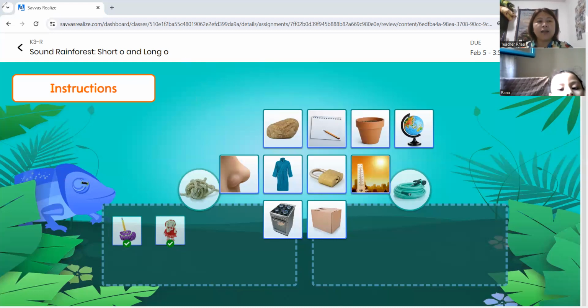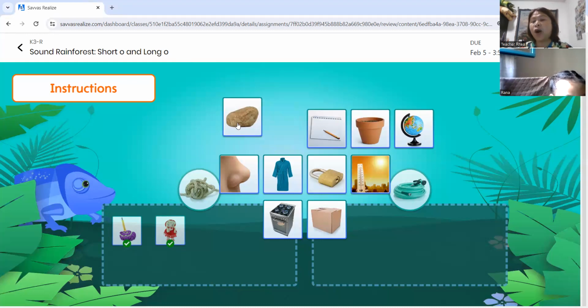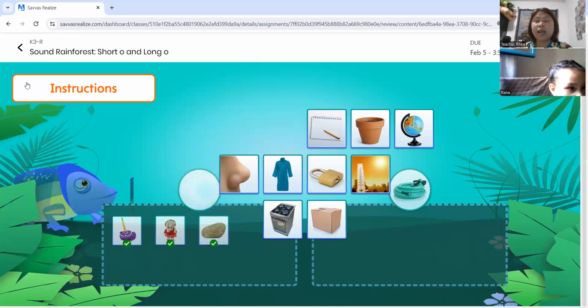So where are we going to put rock? Is it under knot or under hose? Knot. Very good. So it also has a short O sound.